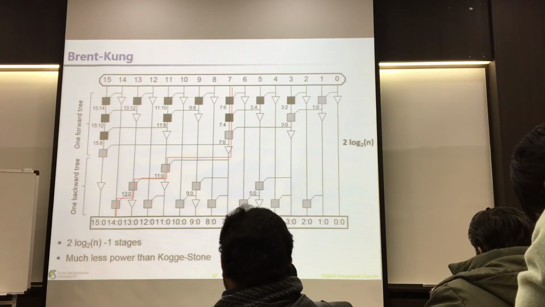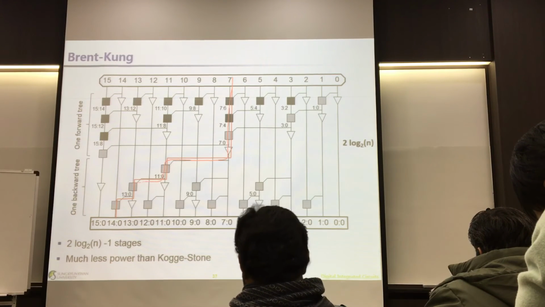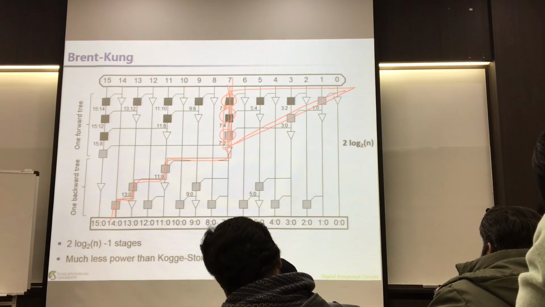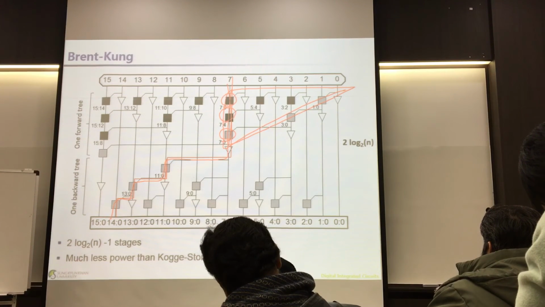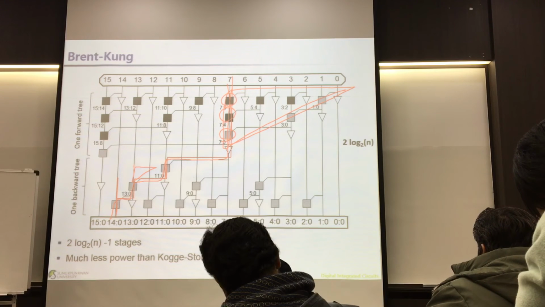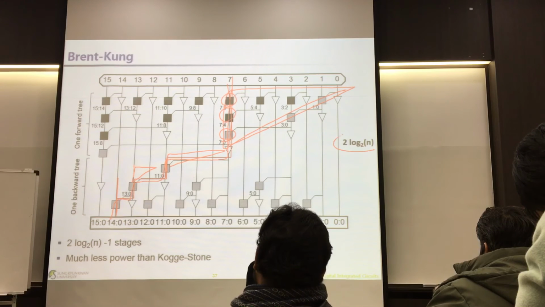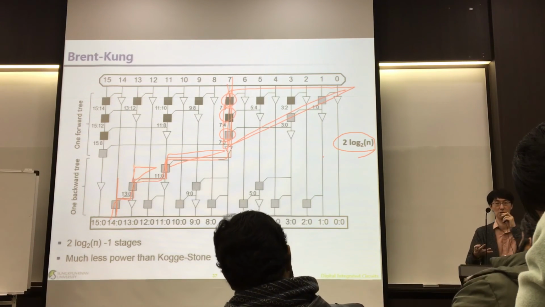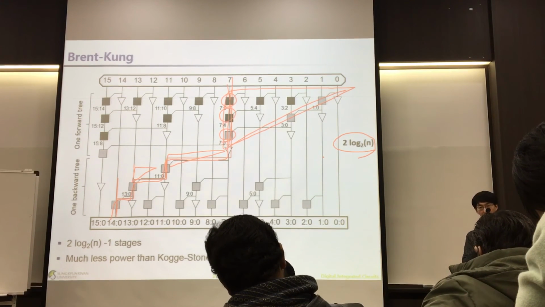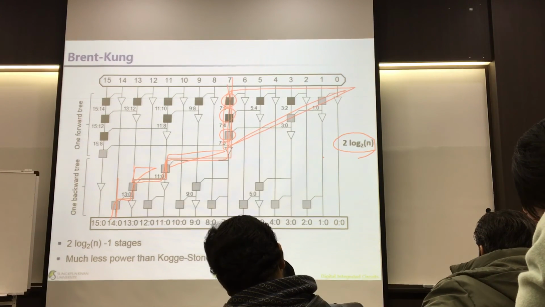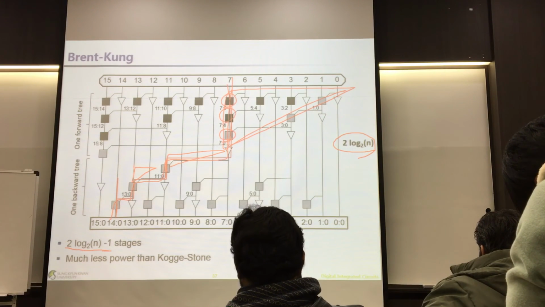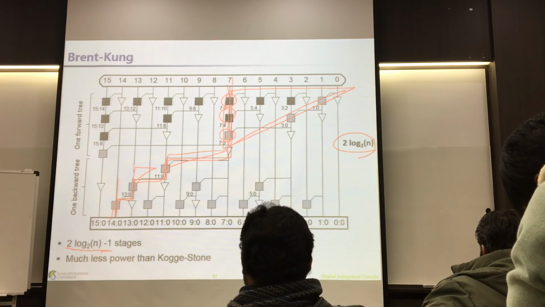You can see that the worst-case delay path is here, and you first merge carry for the lower bits here, but for the upper side you merge carry for this bit position, this bit position, this position, something like that. So it actually has twice as many stages, so it's twice as slow compared to the Kogge-Stone adder, but the stage count is 2 log n minus 1. 1, 2, 3, 4, 5, 6, 7.